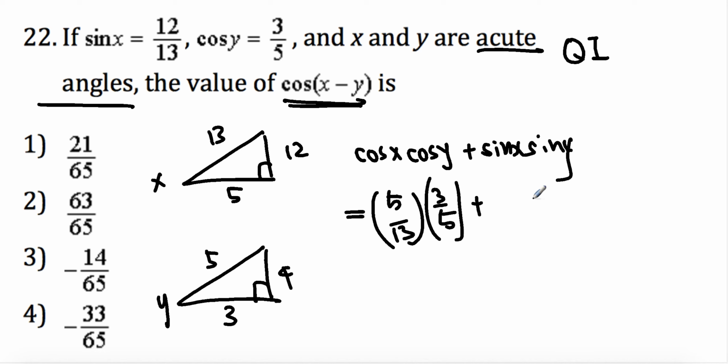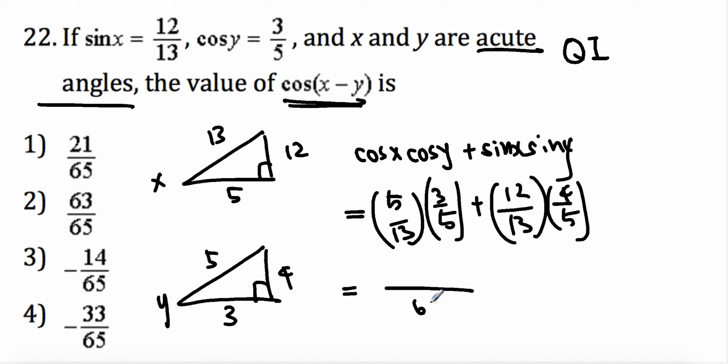Sine of x is equal to 12/13. And sine of y is equal to 4/5. Then the denominator becomes 65. From the first fraction we get 15. From the second one we get 48. So once you combine them together, we get 63/65. Choice 2 becomes our answer.